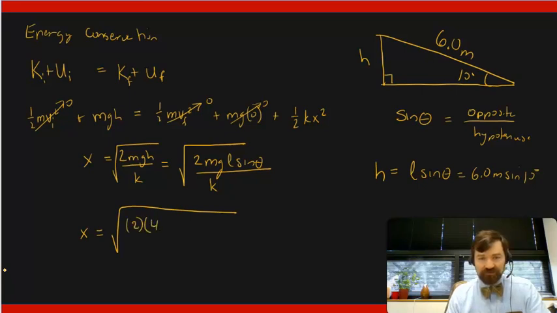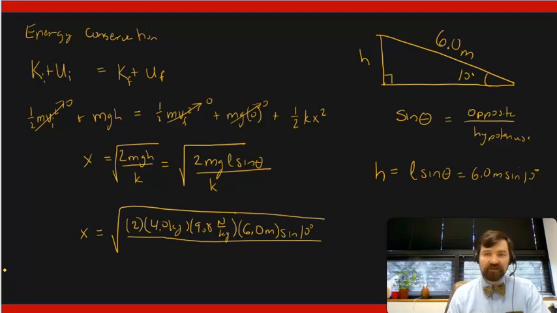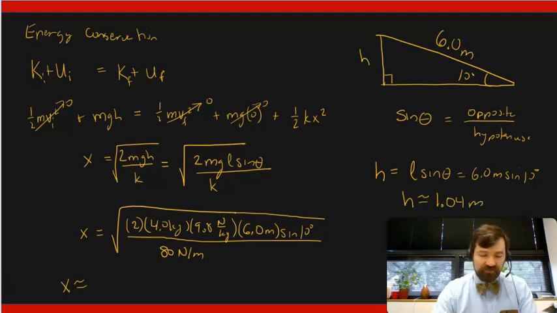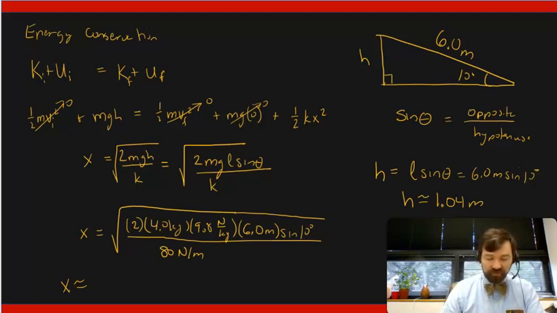So you have 2 times 4 kilograms times 9.8 newtons per kilogram times the length, which is 6.0 meters, times sine of 10 degrees, all divided by the spring constant, which was 80 newtons per meter. If we plug everything into the calculator, divide by 80, and then take a square root, I get 1.01 meters.